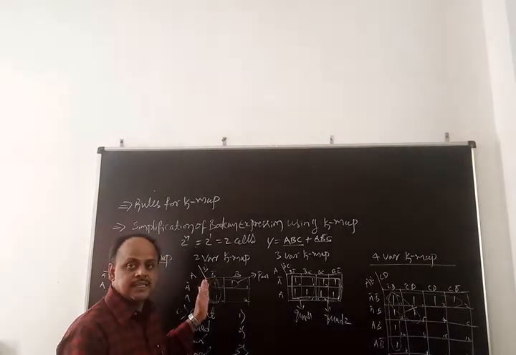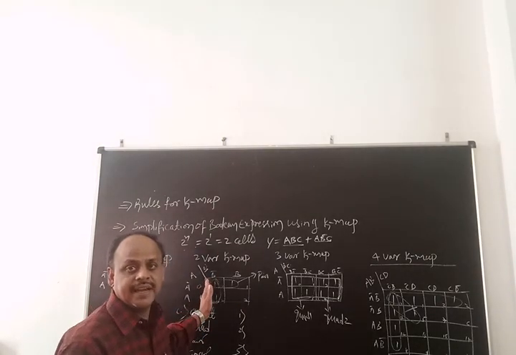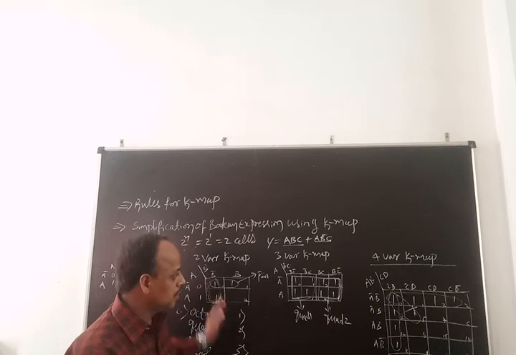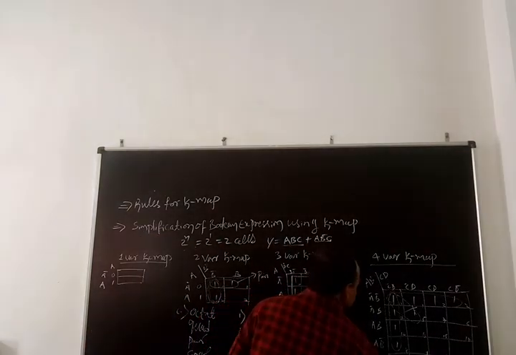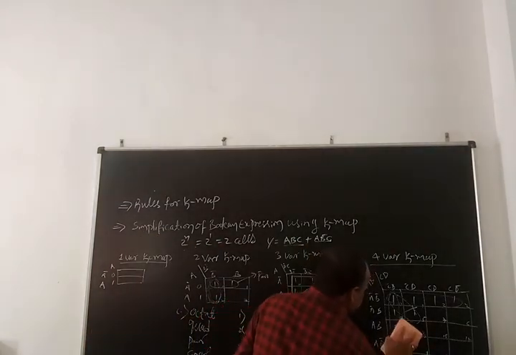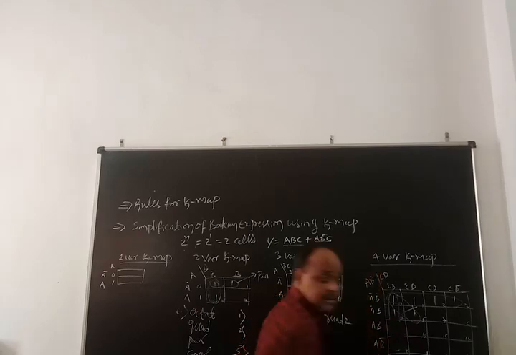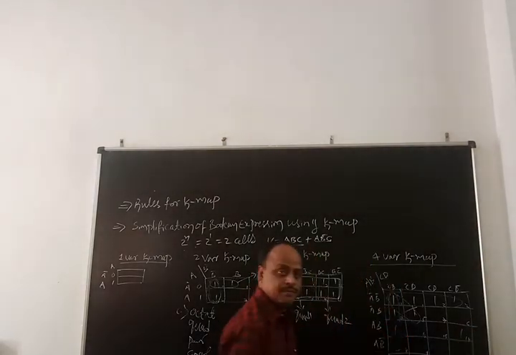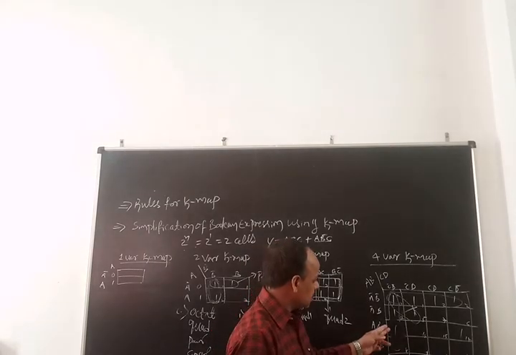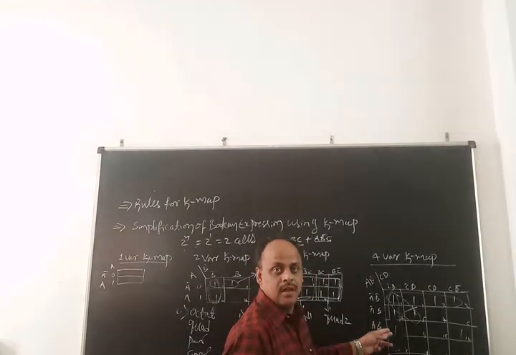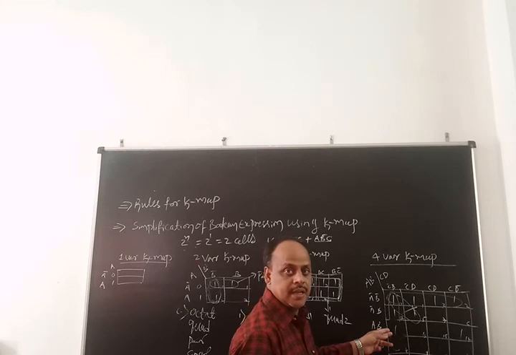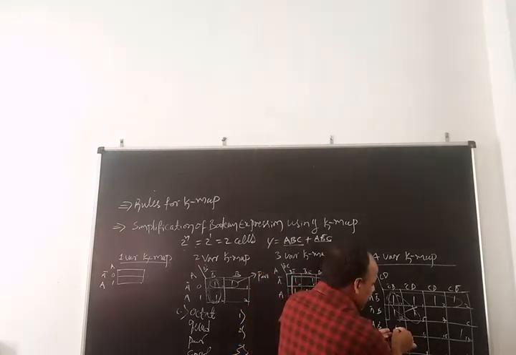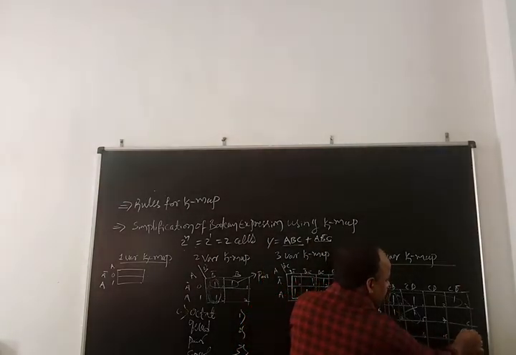And the next rule is that the leftmost cell in a row is combined with the rightmost cell of the row. Suppose, see here, one is there here, and one is also there here. The leftmost cell of a row can be combined with the rightmost cell of the row.